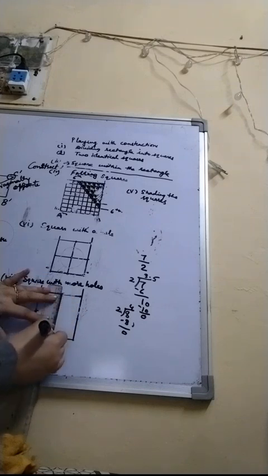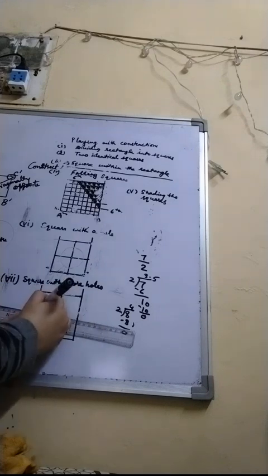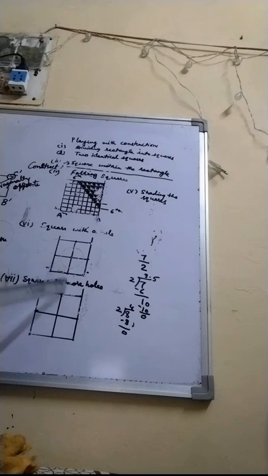Join the dots like this. So we need 4 holes, so we will divide the square into 4 parts. The number of holes would define how you divide the square. If you need more holes, then you would require more divisions.